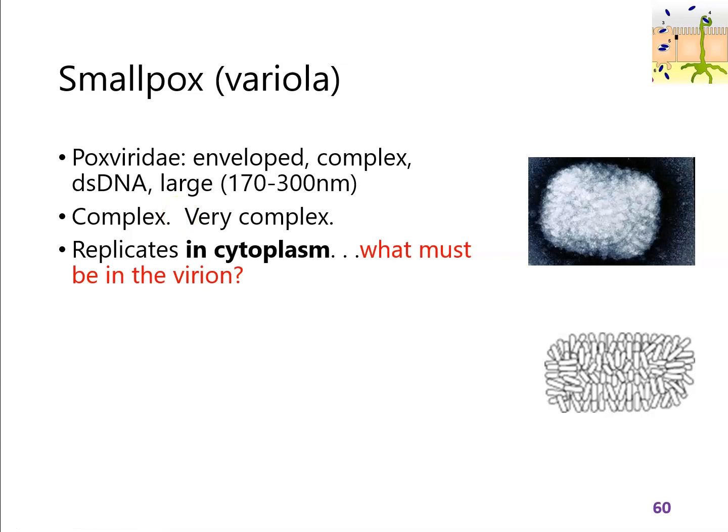And I don't remember whether it puts its DNA in the nucleus after that or not, but if it doesn't, it needs to make its own RNA polymerase. It needs to do its own transcription. Because remember, that normally happens in the nucleus. So this is the kind of thing you could think about with any one of these viruses. Any detail you learn about any virus tells you a little bit about it and brings up more questions about it.